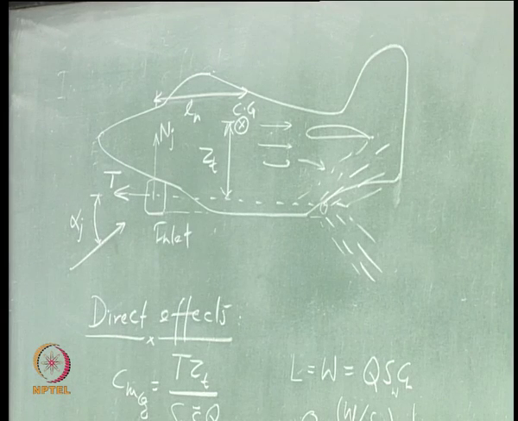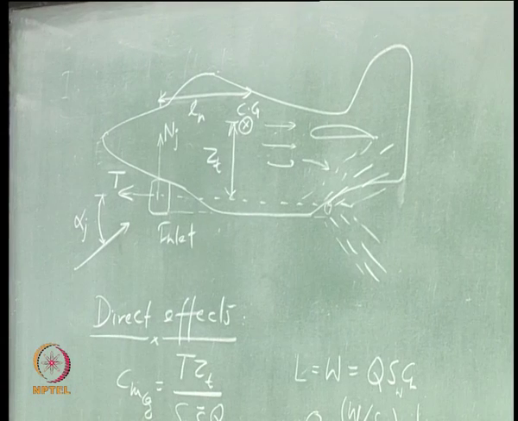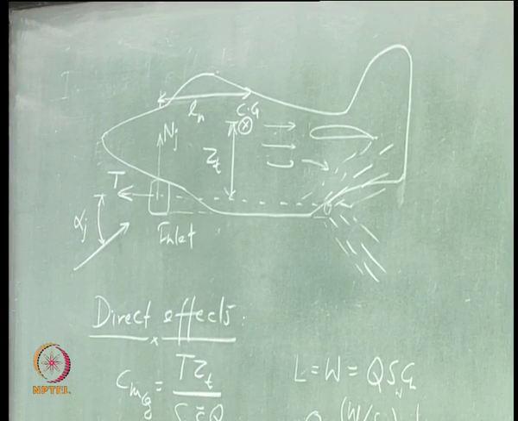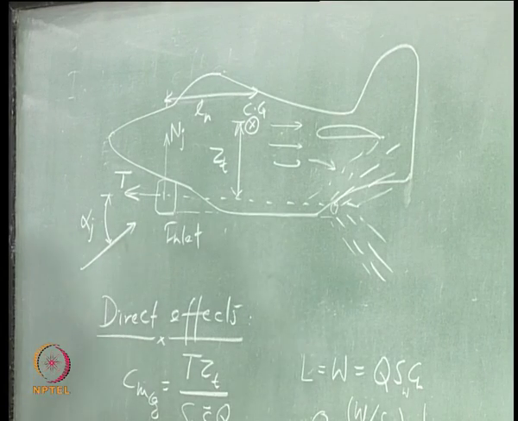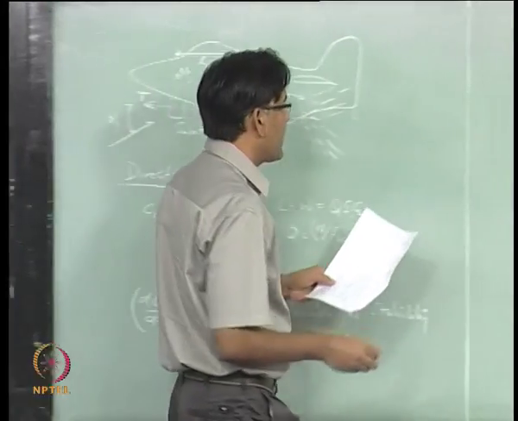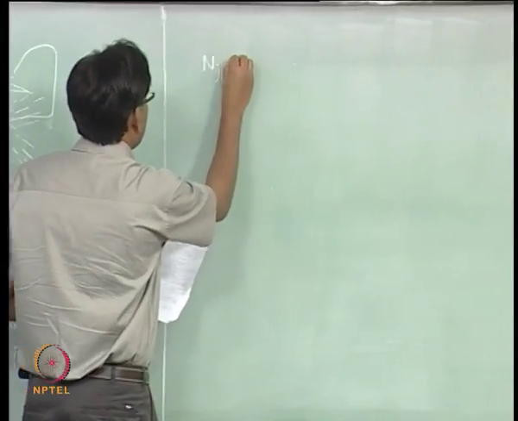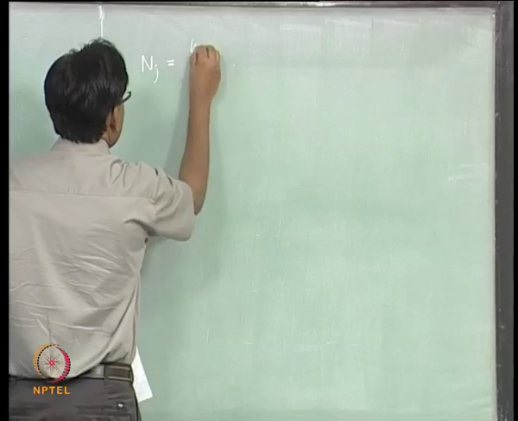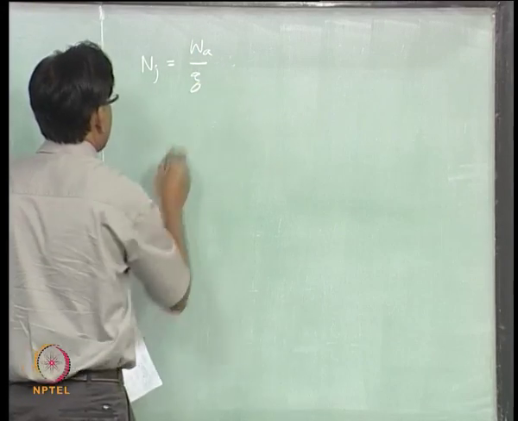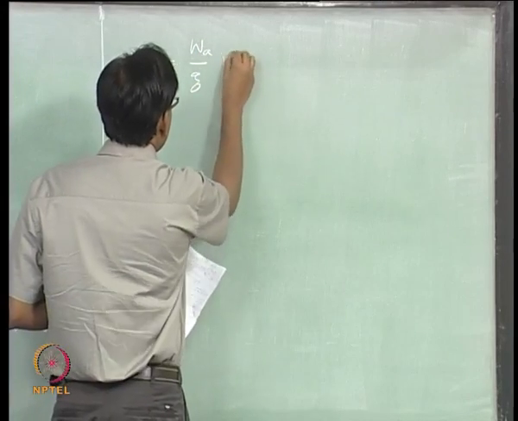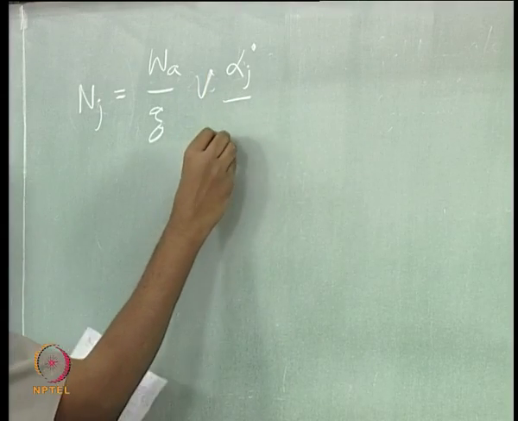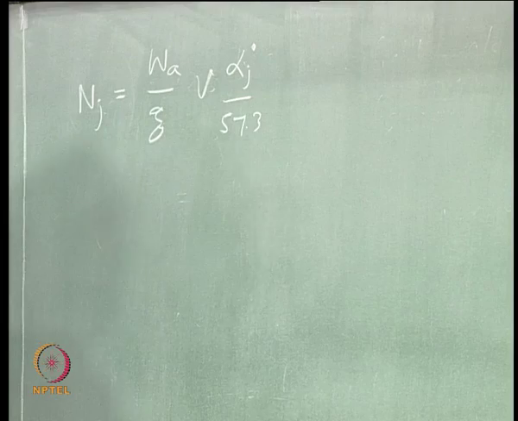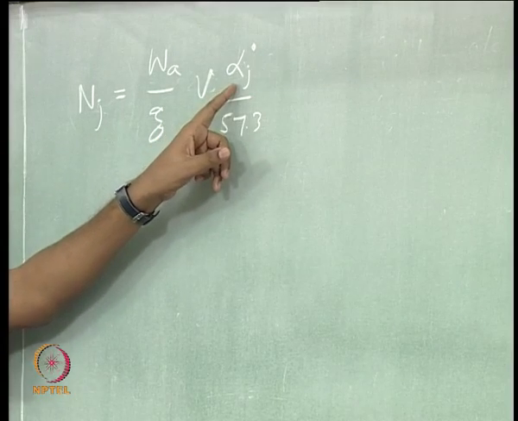Near the compressor. It depends on how this effect is being produced. So I will give you an expression for this normal force, and clearly it depends upon this alpha, which is in degrees.